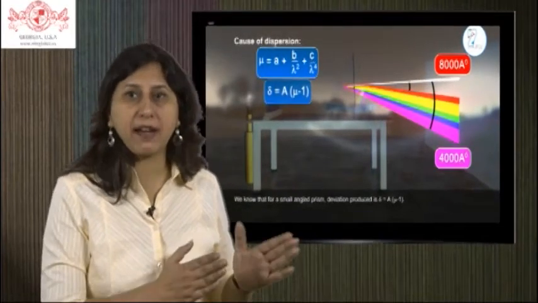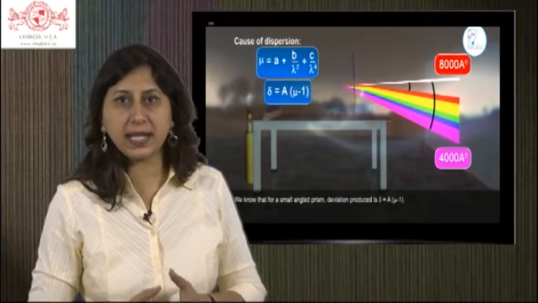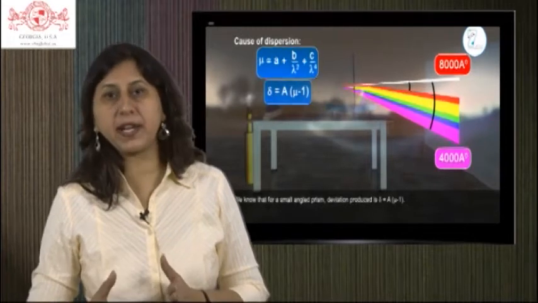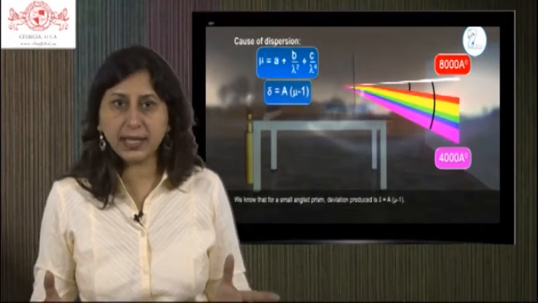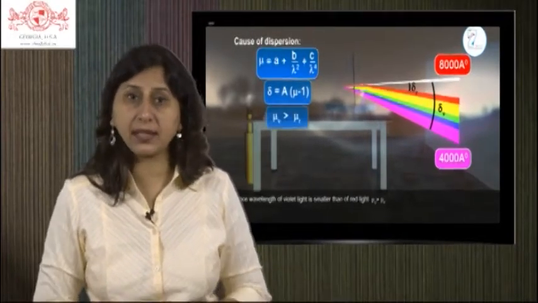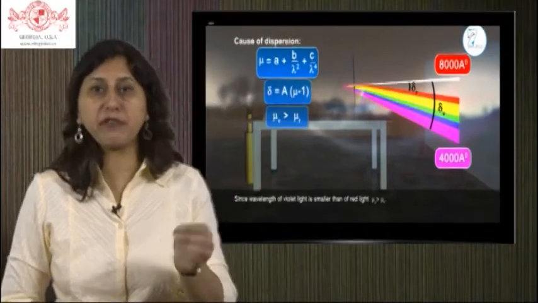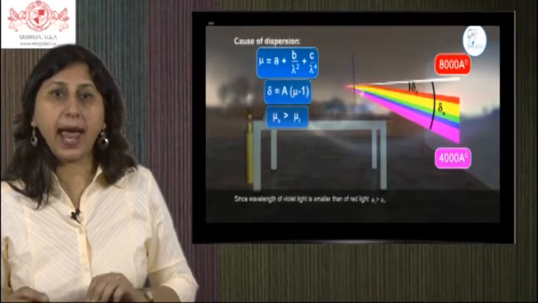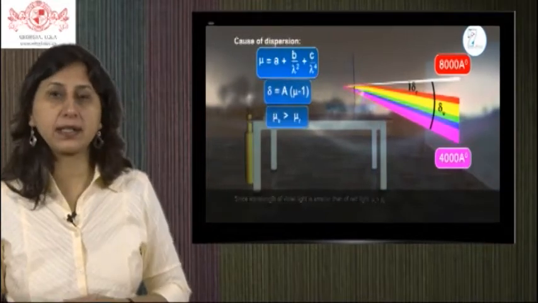So delta v is greater than delta r. Thus, when white light enters the first face of the prism, each color is refracted through a different angle. That is, angle of refraction is maximum for red light and least for violet light.